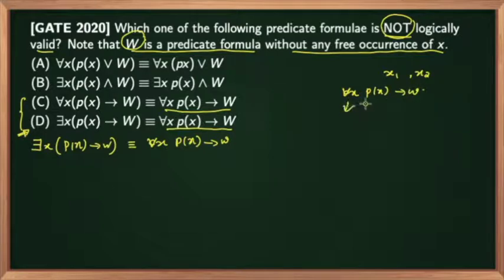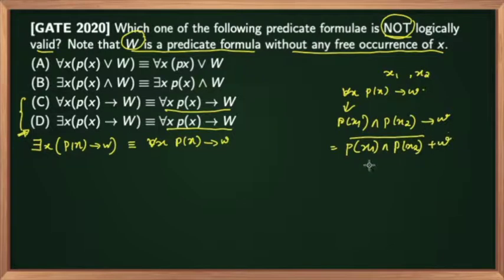So we know that for all x, P of x implies W should be equal to P of x1 and P of x2 implies W, right? So this should be equal to P of x1 and P of x2 all bar plus W. So this should be equal to P of x1 complement or P of x2 complement plus W, right?